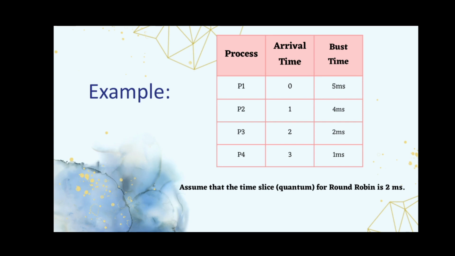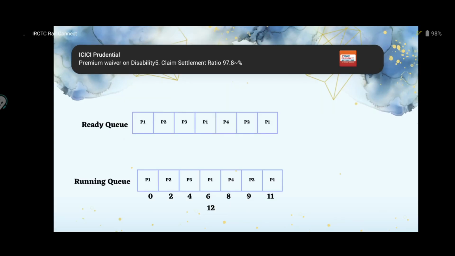P1 will run from 0 to 2 milliseconds because the given time quantum is 2 milliseconds. Now the process has run up to 2 milliseconds, so P2 and P3 will be added to the ready queue.